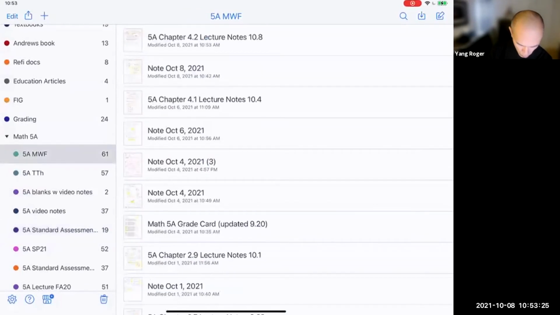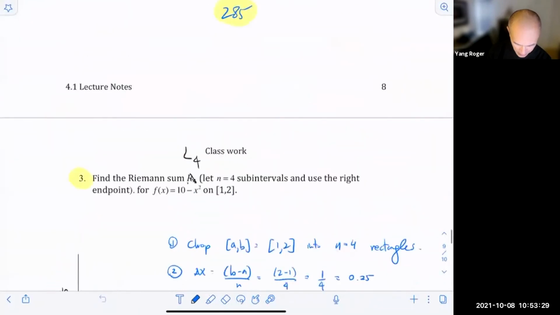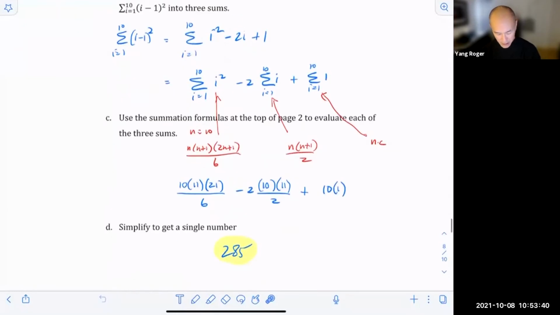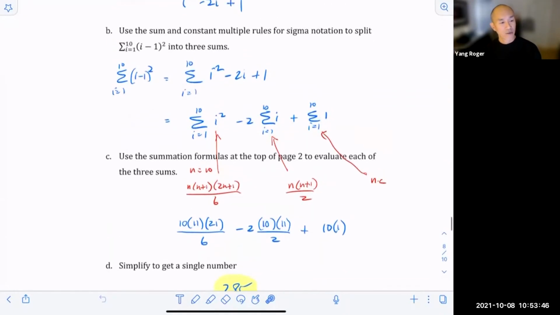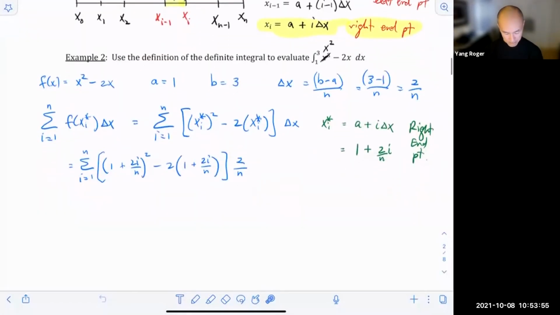Last class, before we took our quiz, we did a problem like this, where you had to multiply everything out and then write everything in terms of i squared, i, and the constant term. And then in this case, we evaluated at n equal to 10. So we're going to do the same exact thing, but we're not going to put in a 10. We're just going to leave these with n's here. Okay. So that's what we're going to do next.